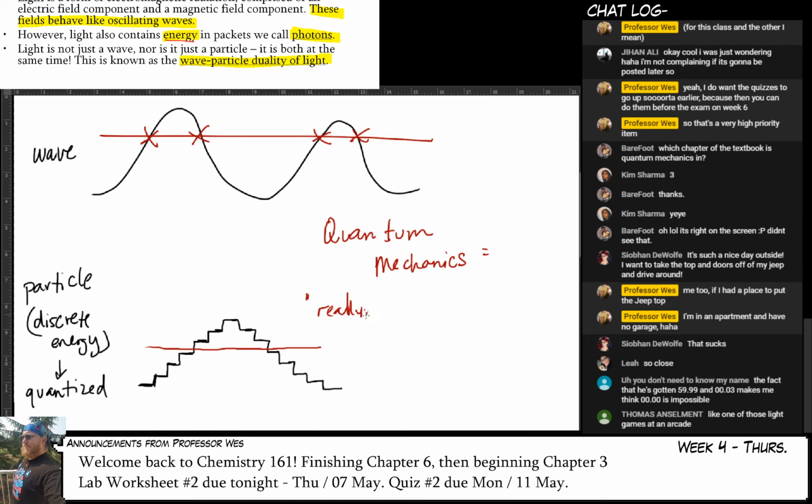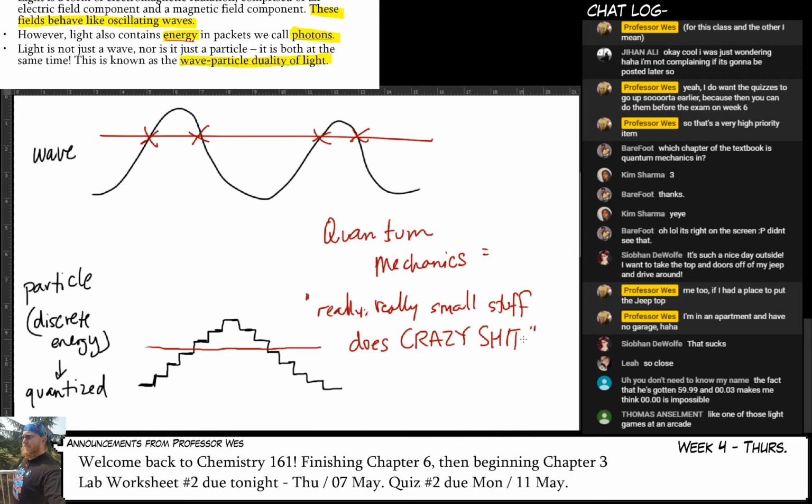And that secret code is really small stuff does crazy shit. That's really all quantum mechanics is, because everything is so tiny, it doesn't behave like we would expect it to.